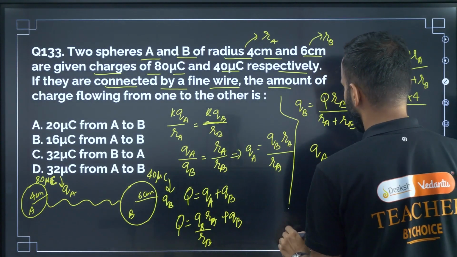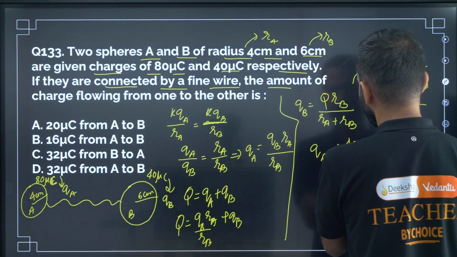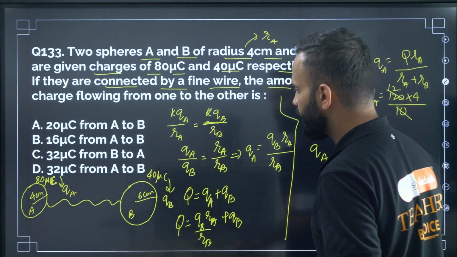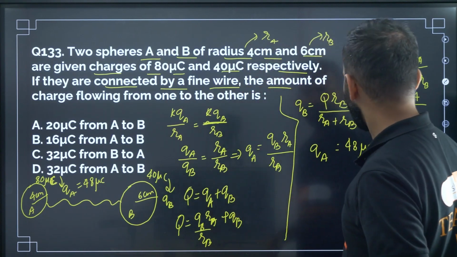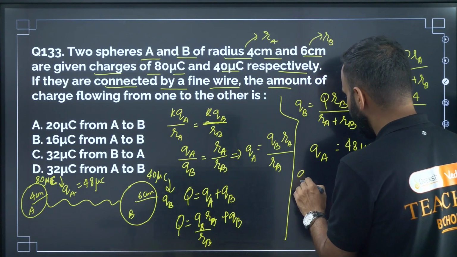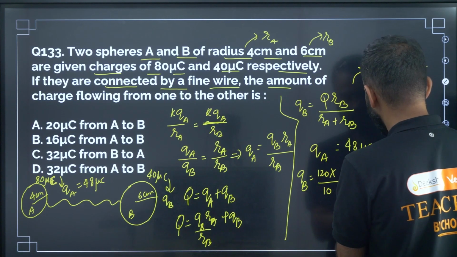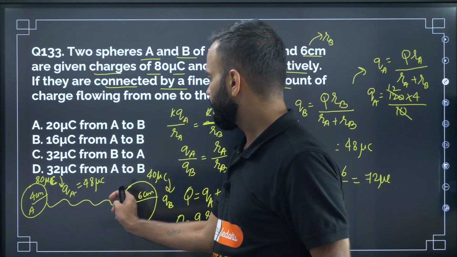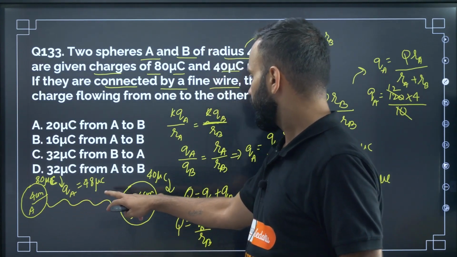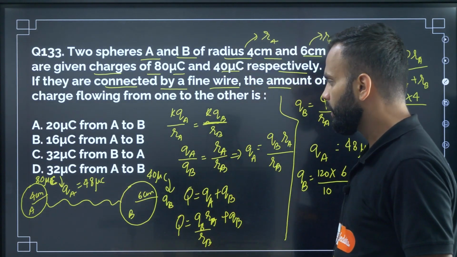So the value of QA is equal to 48 microcoulomb. Now what is the value of QB here? The QB is equal to 120 into 6 divided by 10, which is equal to 72 microcoulomb. So after connecting the wire between spheres A and B, the charge on sphere A becomes 48 microcoulomb and sphere B becomes 72 microcoulomb, isn't it?